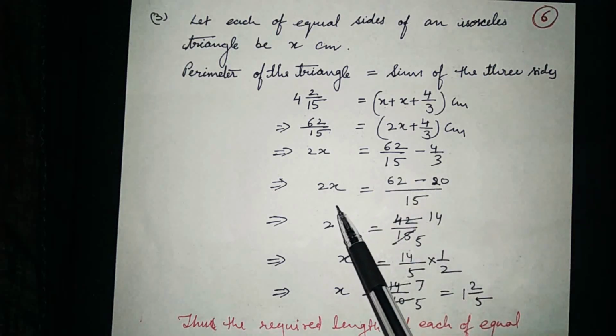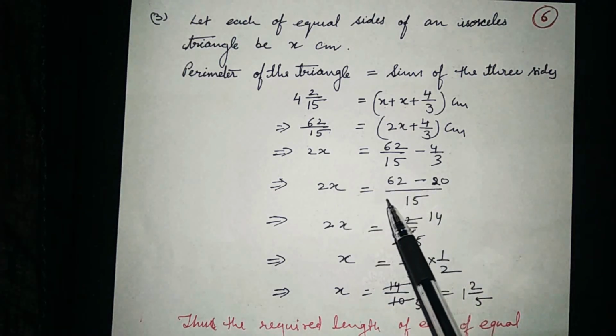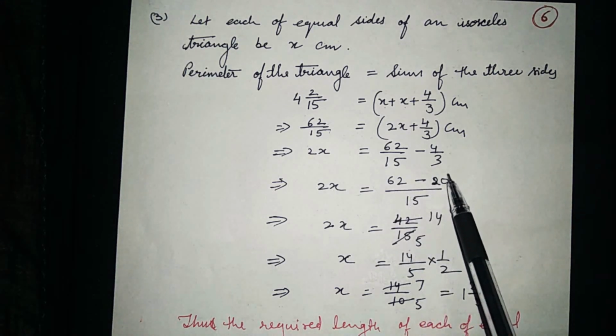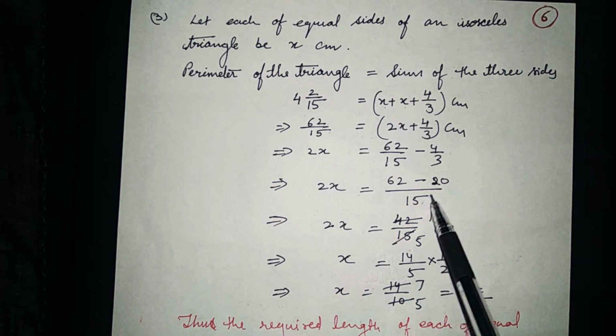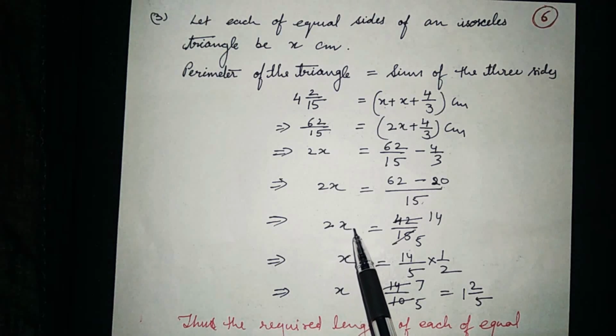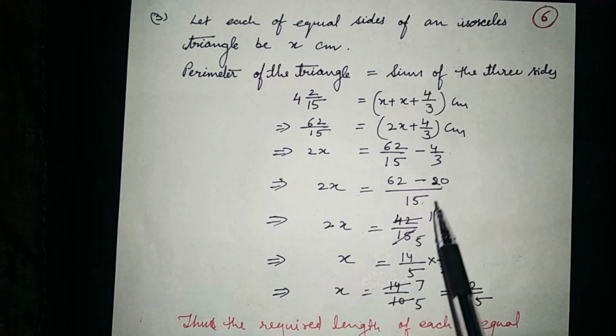So 2x is equal to, LCM we will take, 15 will come. Now here 62, and here 15 divided by 3 is 5, and 5 4s are 20. Now see the next step. 2x is equal to 62 minus 20, 42.